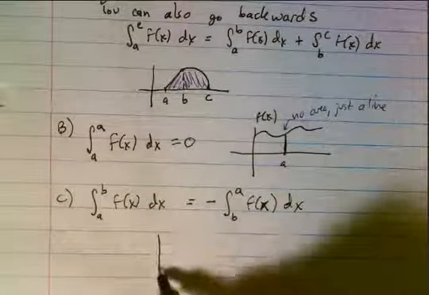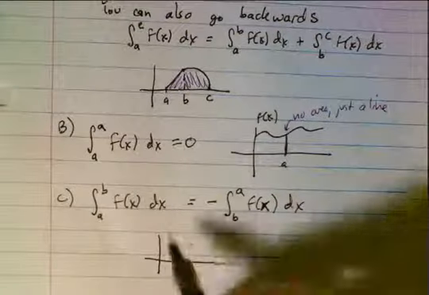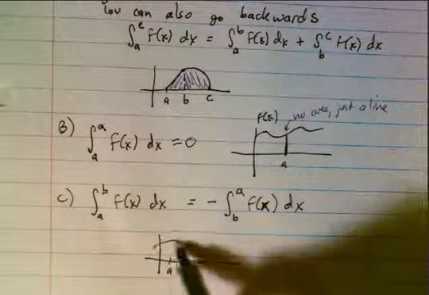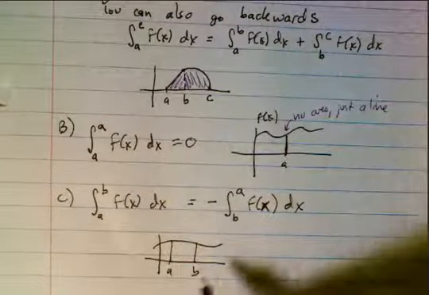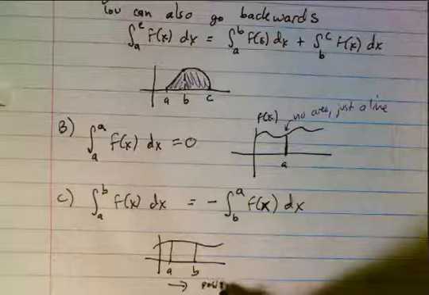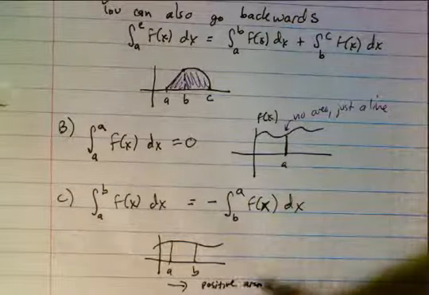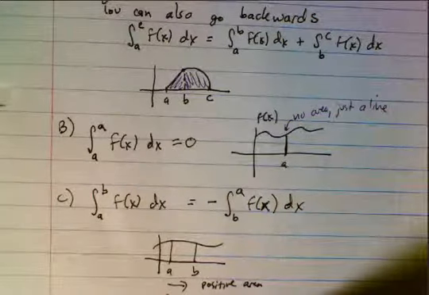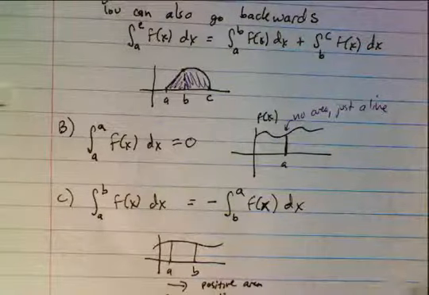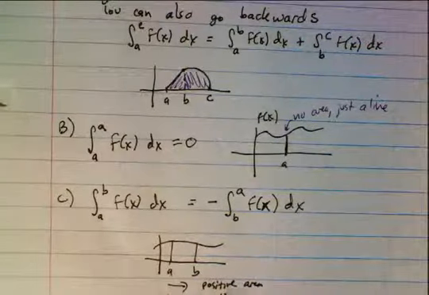Basically what we're looking at, if we're going this way, this is a positive area. If we're going this way, this is a negative area. Sort of like if we reverse time.